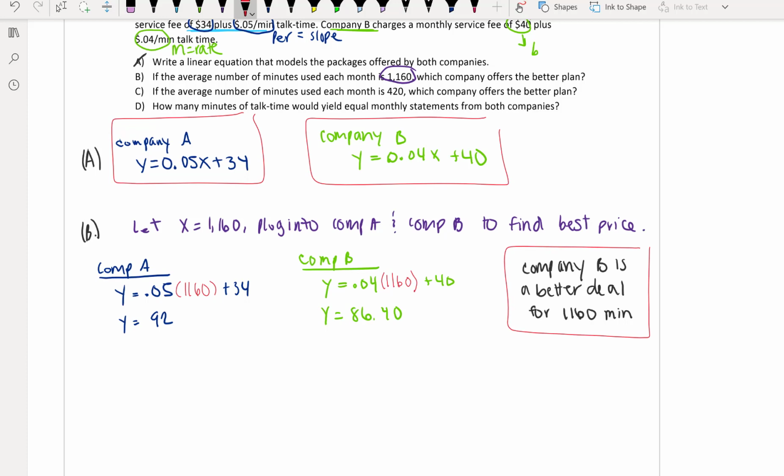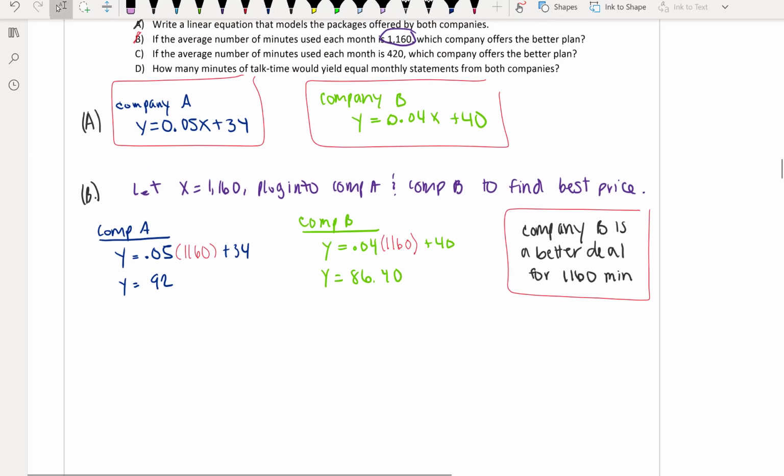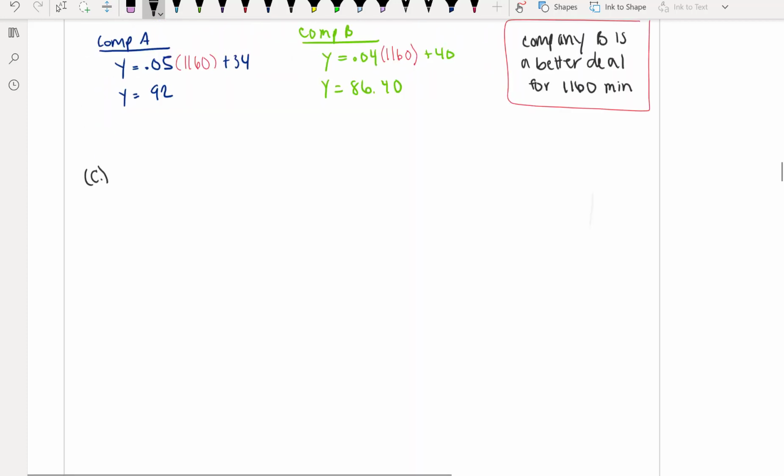Okay. Now I want to go down to part C. For part C, it's asking me if the average number of minutes used each month is 420, which company offers a better plan? So now we're talking less on the phone.